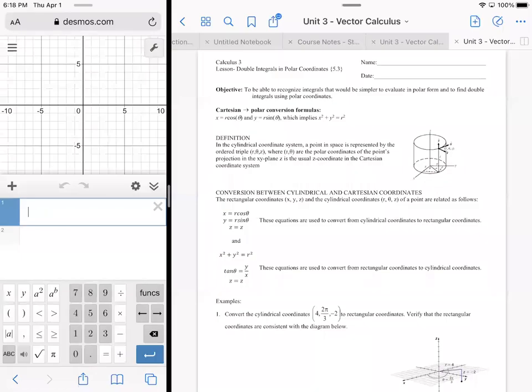So we're going to start off talking about double integrals in polar coordinates. This is a blast from the past, right back to the first unit, where we talked about, you guessed it, polar coordinates.